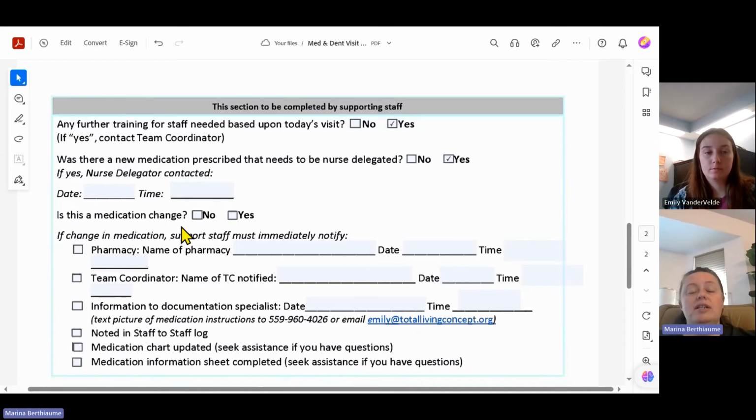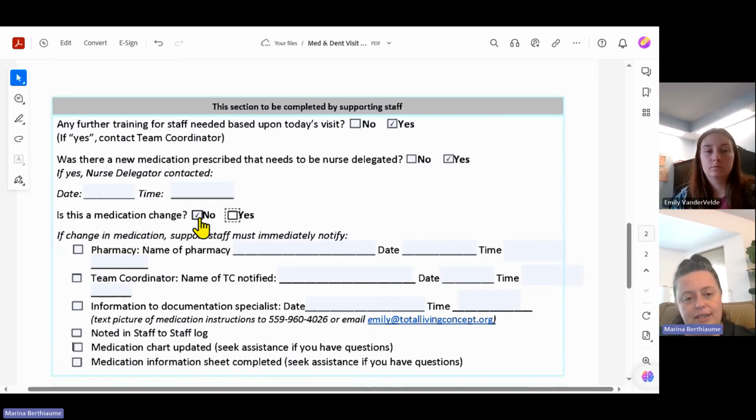Anything that's a change to their medication, if you select yes, then you need to continue on to go through this checklist. If there's no medication change, just check no. And then all of this is NA, not applicable.